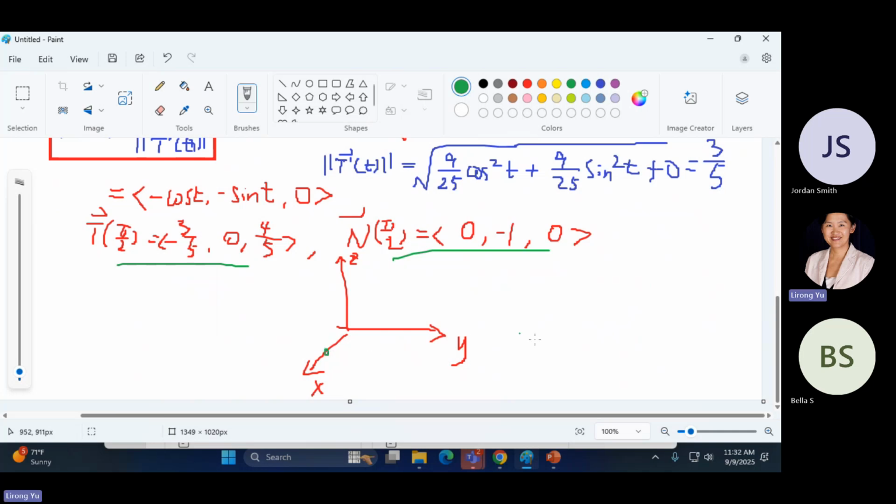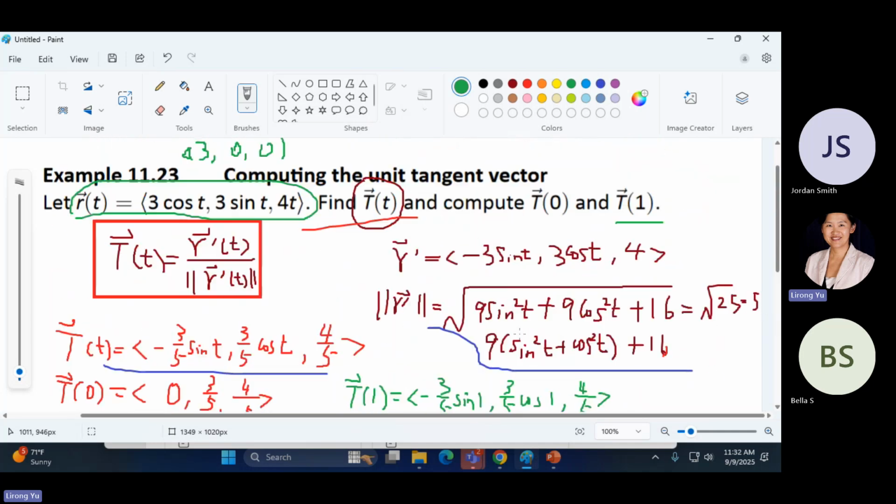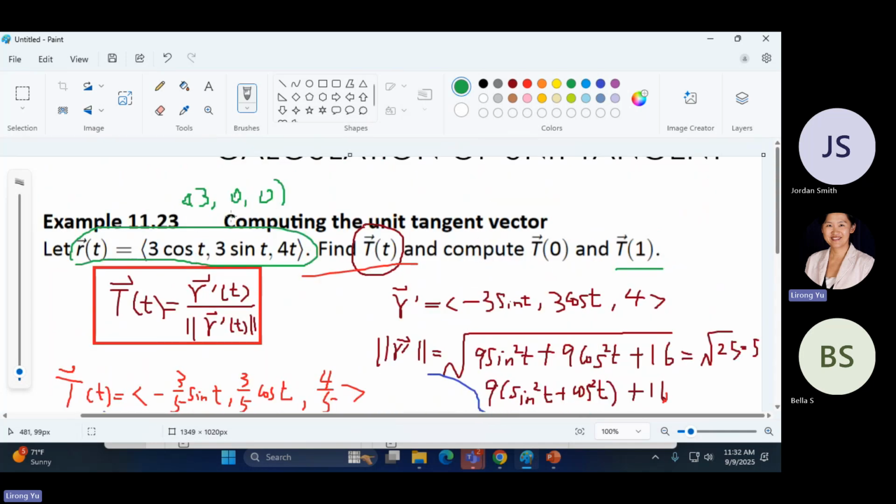Okay, and then at pi over 2, cosine pi over 2 equals 0. So we have 3 sine pi over 2, and pi over 2 times 4 is 2 pi.